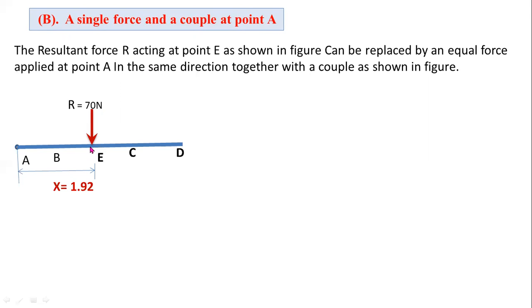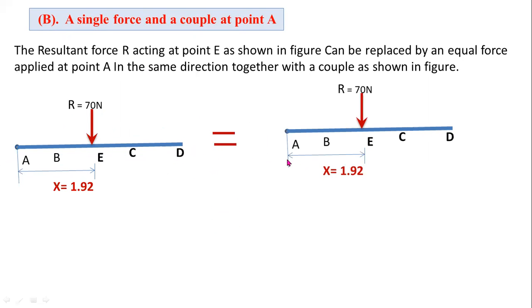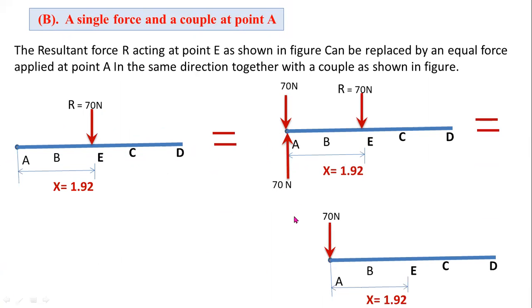This single force can be replaced by an equal force applied at point A by adding two equal and opposite forces at point A in the same direction, together with the couple as shown here.